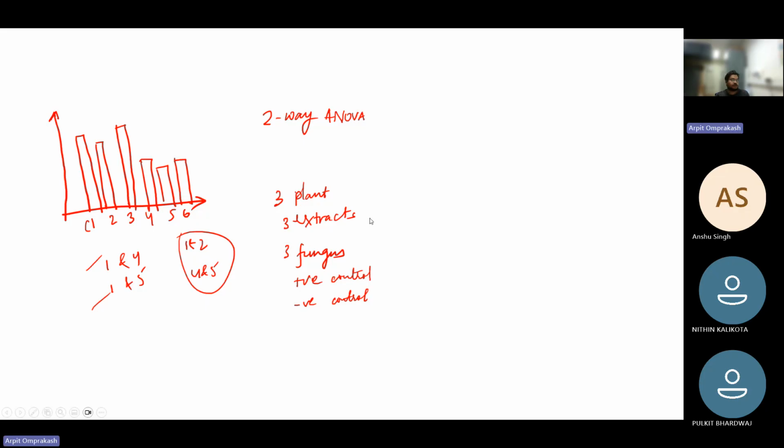So you can do a two-way ANOVA between two of these factors and then do another one between the other two factors. Or what do you say?